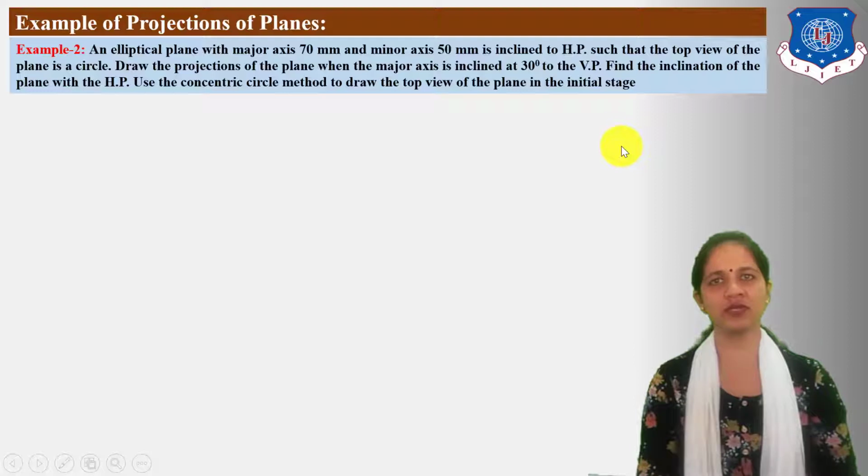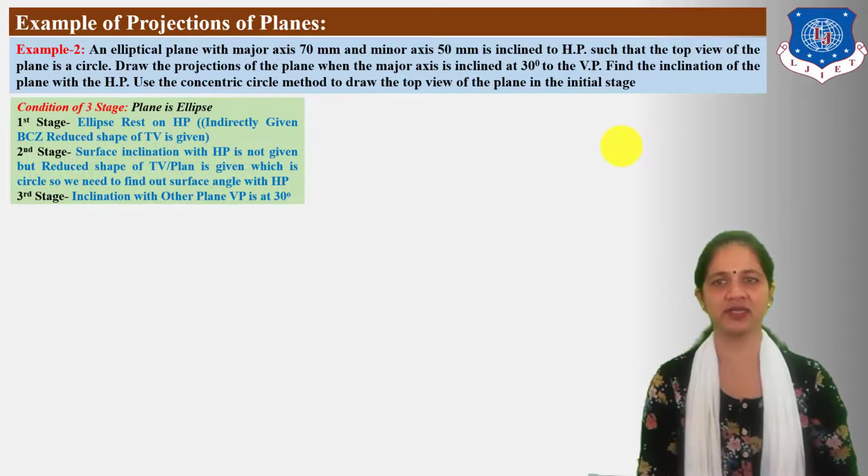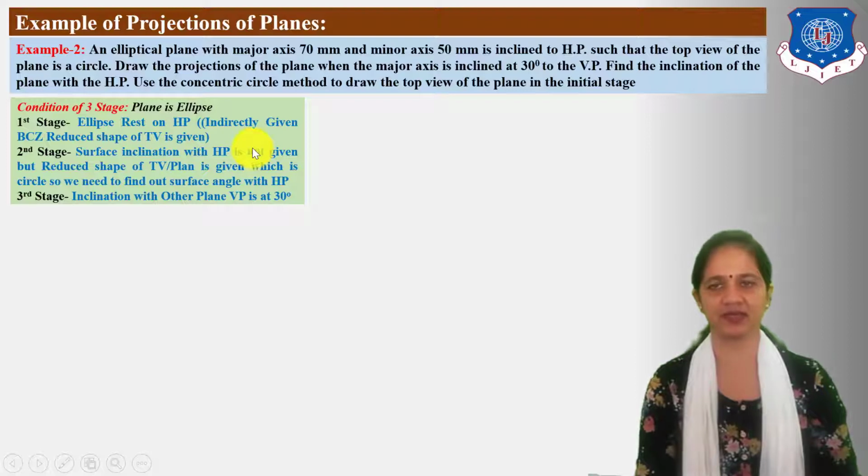First, list out the given three-stage condition. Here, the plane is an ellipse having a major axis and a minor axis. The size of the major axis is given as 70 mm and the size of the minor axis is given as 50 mm. In the first stage, the ellipse rests on HP, which is indirectly given because the reduced shape in top view is given.